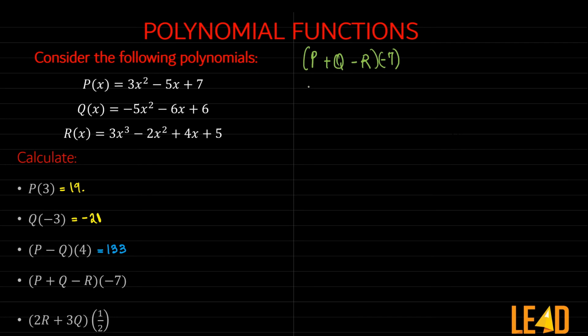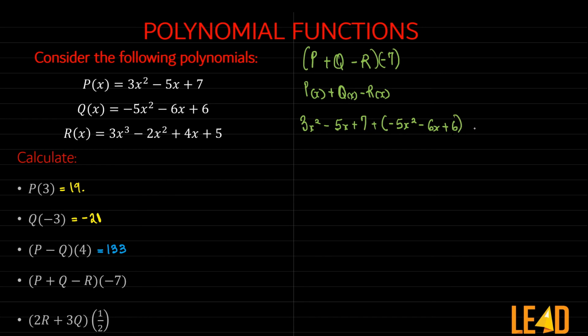Okay, so I would first of all get p of x plus q of x minus r of x. So I'll get that as a function before I plug in my minus 7, which would be my p of x is, so let me write it all out, 3x squared minus 5x plus 7, then plus, open a bracket, minus 5x squared minus 6x plus 6.